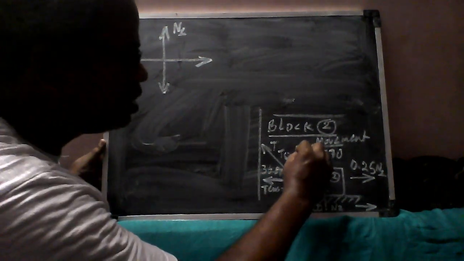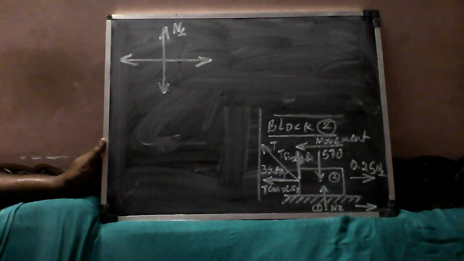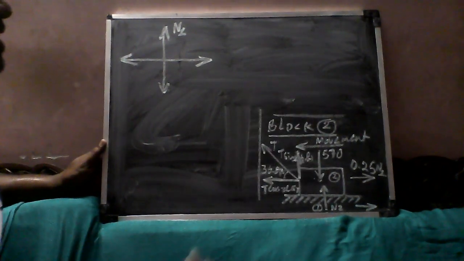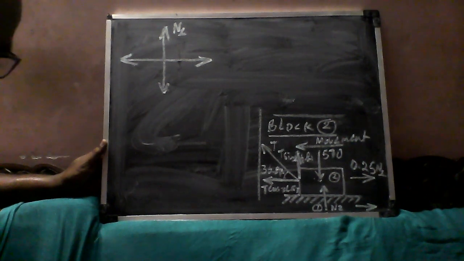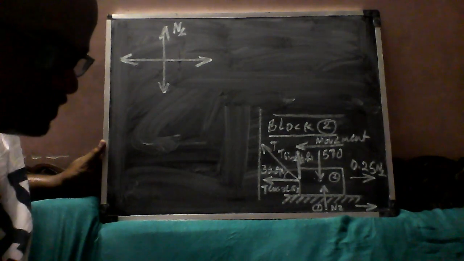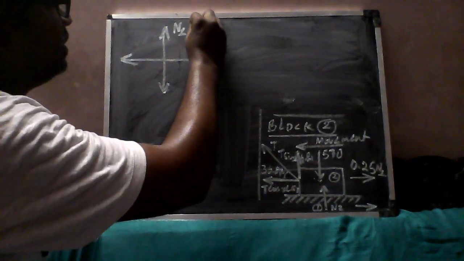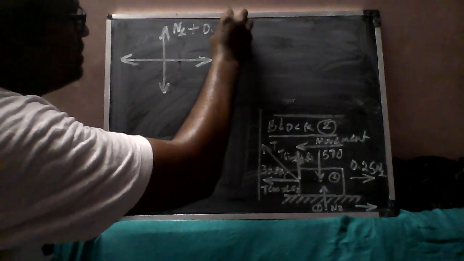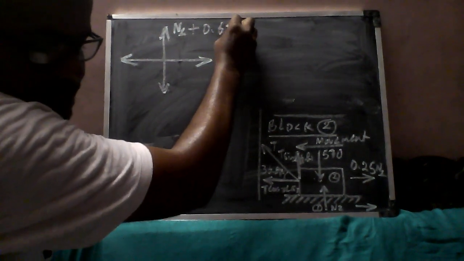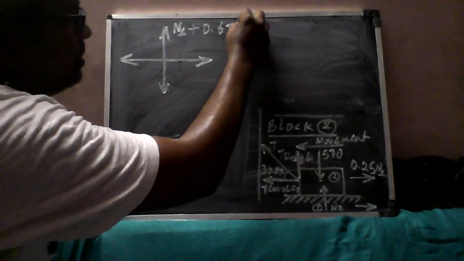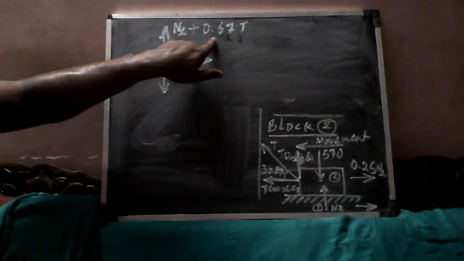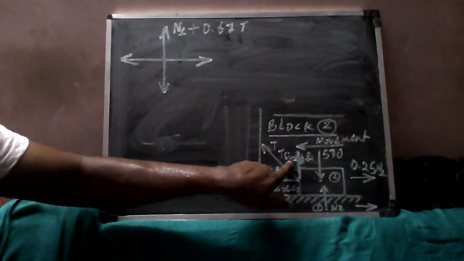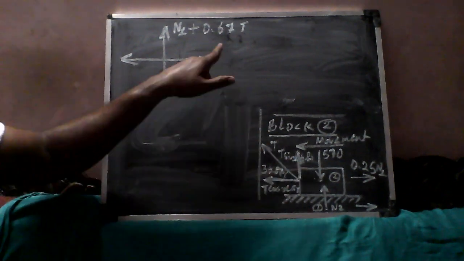So there are two components, vertical and horizontal components. So N2, and there will be T sin 36.87. The T sin 36.87 is 0.6, so I can write it plus 0.6 T.